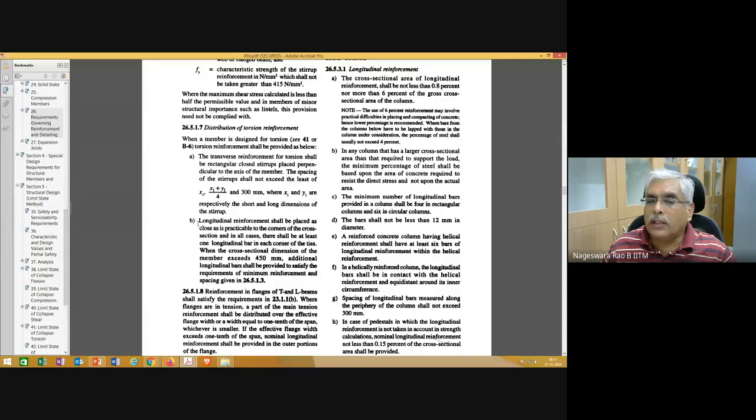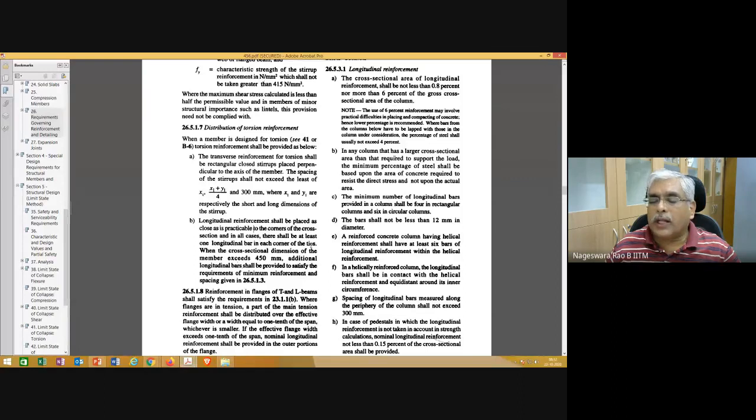And also there is some minimum requirement for longitudinal reinforcement. Let's go through that as well. Longitudinal reinforcement shall be placed as close as is practicable to the corners of the cross section, and in all cases there shall be at least one longitudinal bar in each corner of the ties.